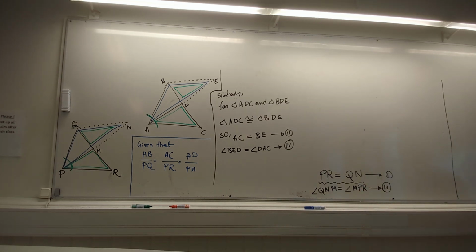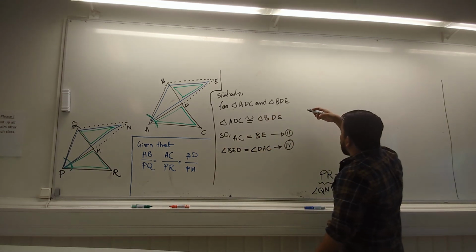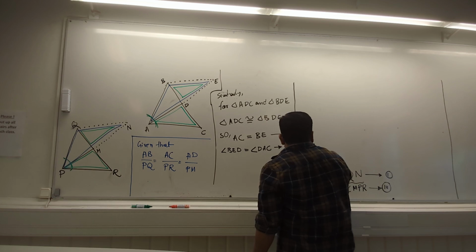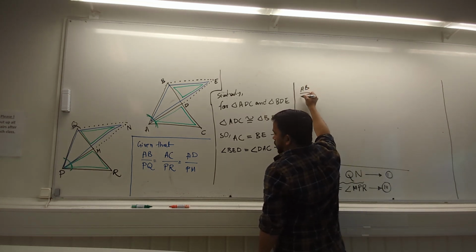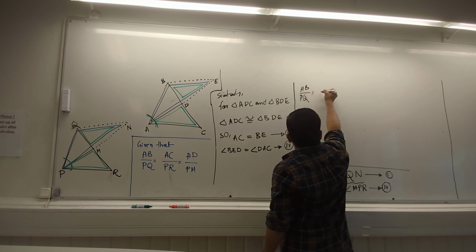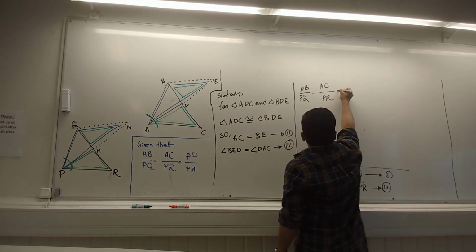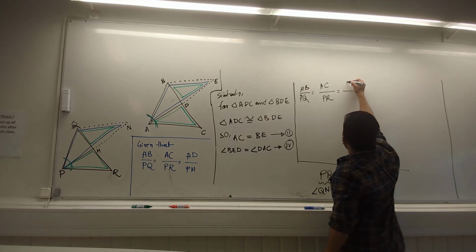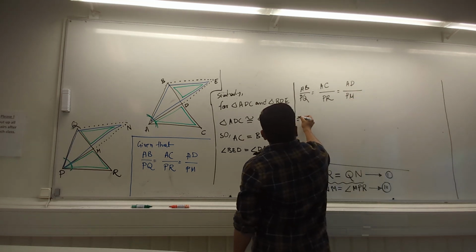Okay, now when things are sorted, let's go ahead and write this condition again up here. So I'll write AB divided by PQ, equal to AC divided by PR, equal to AD divided by PM. So we can continue writing here.